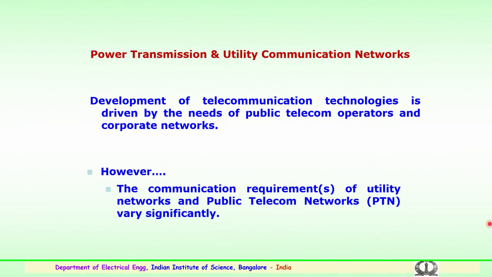Power transmission and utility communication networks have both seen the development of telecommunication technologies, which have been driven by the needs of public telephone operators as well as corporate networks. However, the communication requirements of utility networks and public telecom networks differ very significantly from the utility perspective.